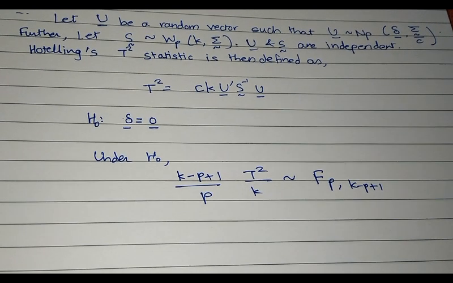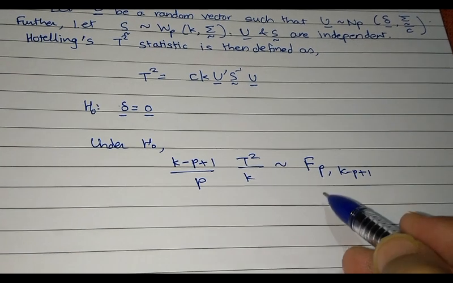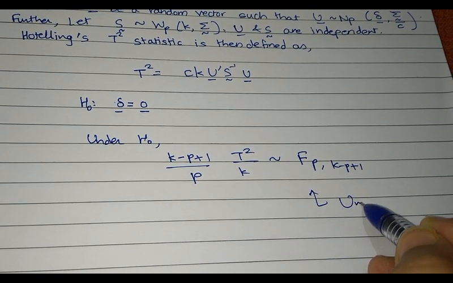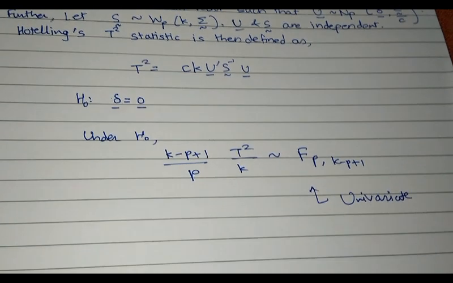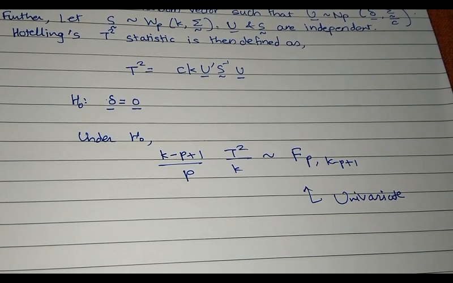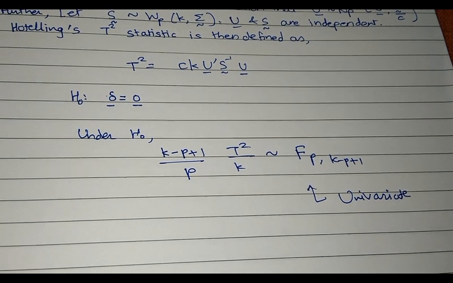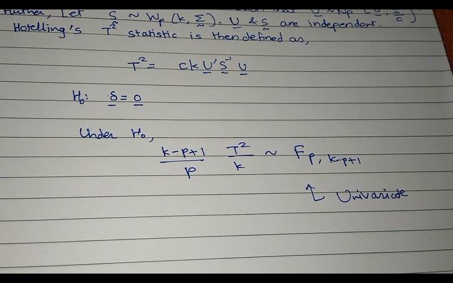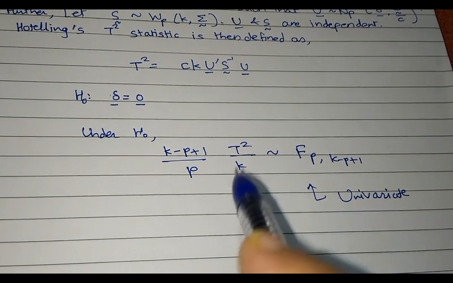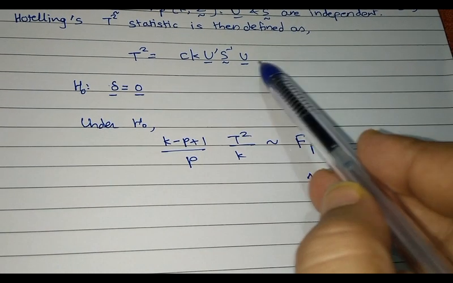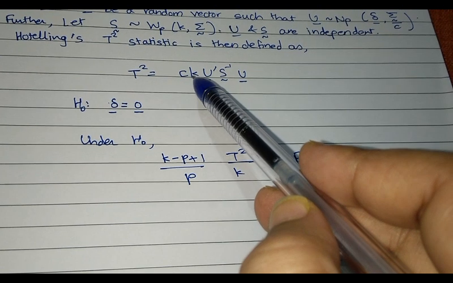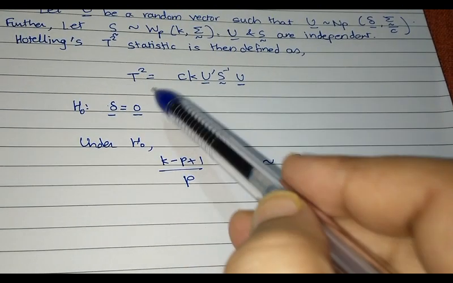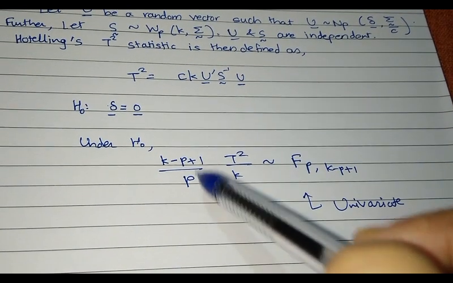Couple of quick clarifications. First of all, this F distribution is your usual univariate F distribution. This is not a multivariate F distribution or anything like that. It comes in the multivariate analysis paper, but that doesn't mean it is multivariate. As you can see, this is a quadratic form. So u prime S inverse u is a scalar, c and k are anyway scalars, so T square is a scalar, and all these are anyway constant.